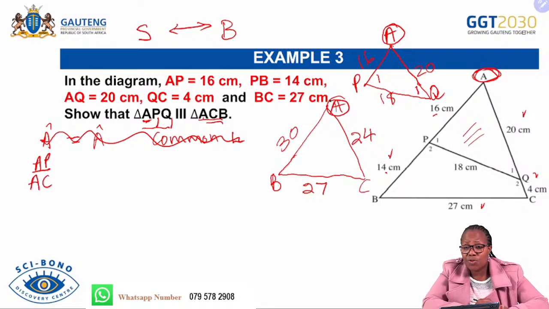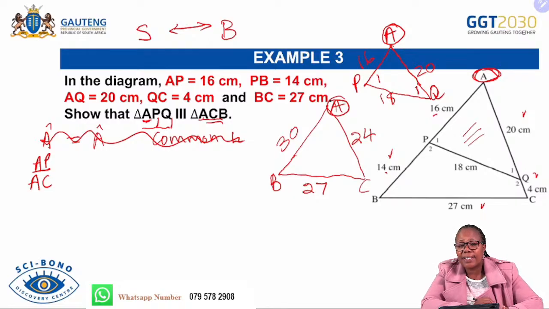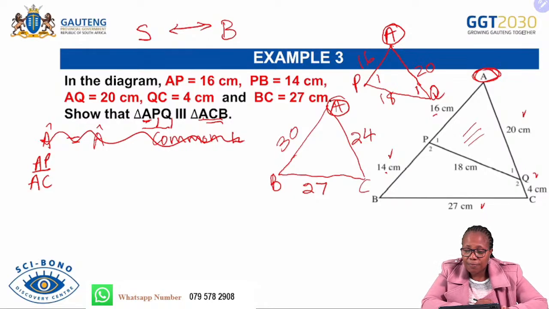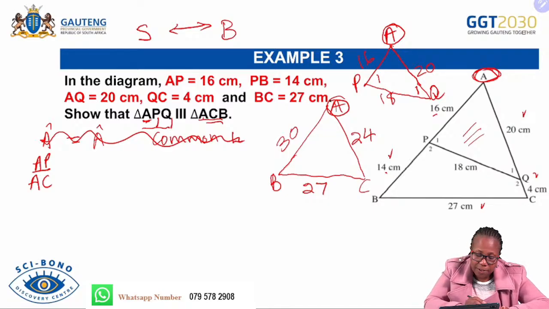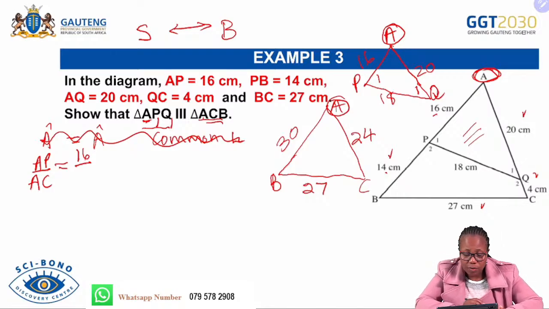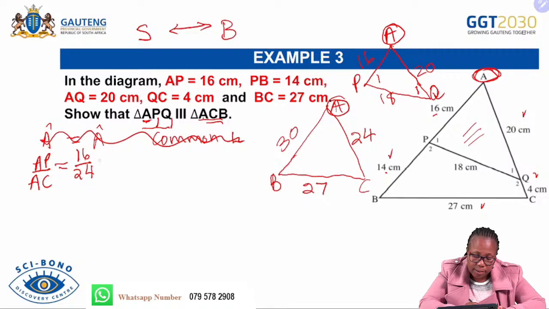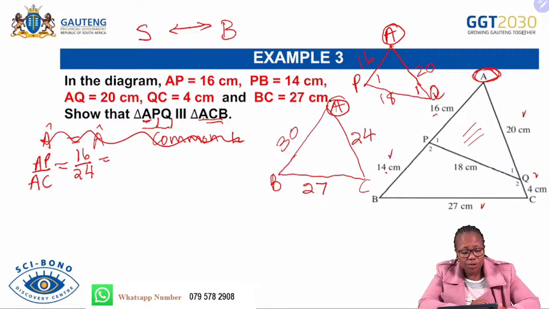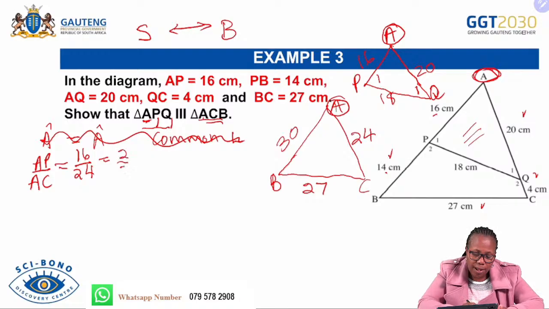Great job. You don't just take any side as you wish. You must follow, start from small to bigger, right? How much is AP? That is 16, over the bigger triangle, which is 24, AC. And then the simplified fraction for that is how much, grade 12? That is 2 over 3.